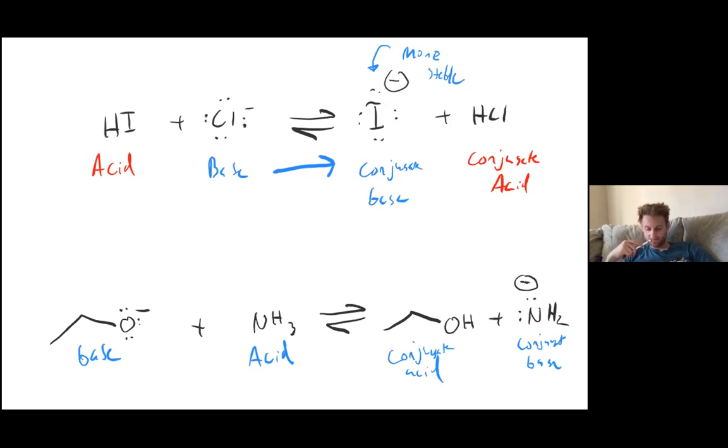Okay, so comparing our two different conjugate acids or our two different conjugate bases. We've got a nitrogen, and over here we have an oxygen. So that means if we go to our periodic table, oxygen is the larger molecule.